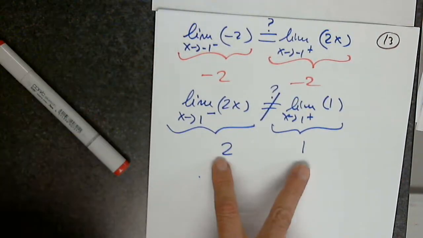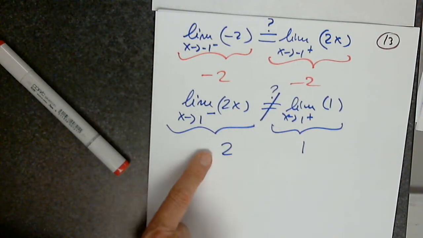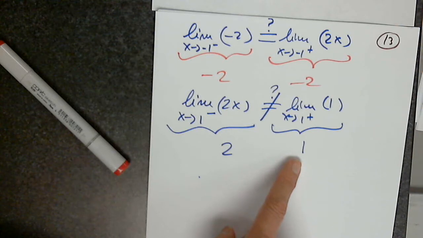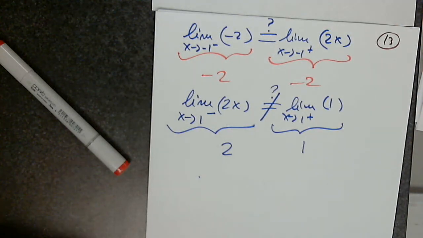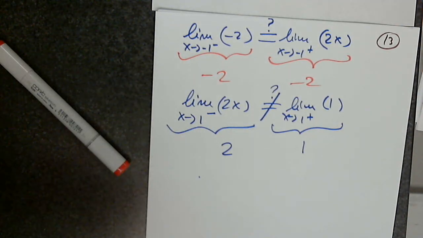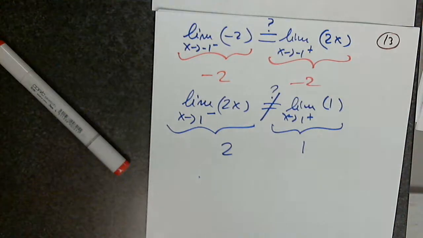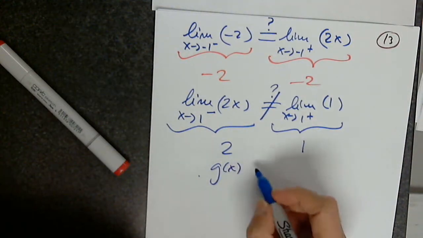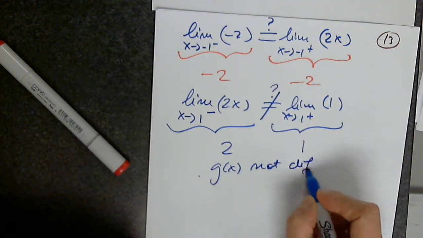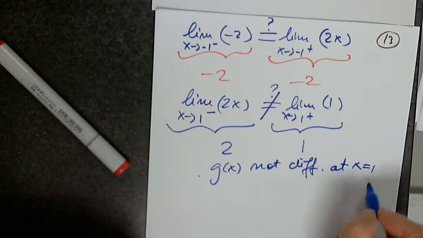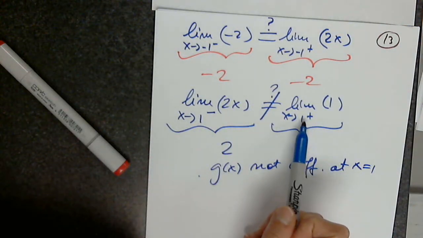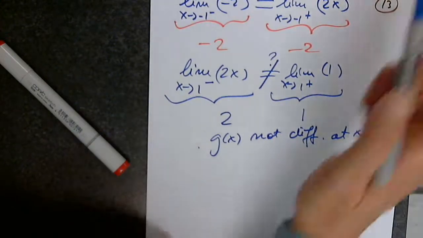One side is 2, the other side is 1. Therefore, g is not differentiable at 1. So I can write that: g of x is not differentiable at x equals 1 because there are 2 tangents in there, not just one.